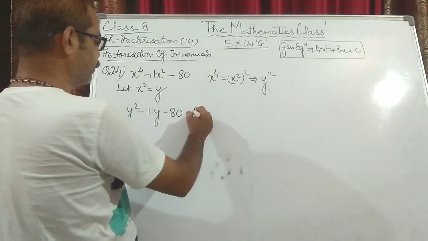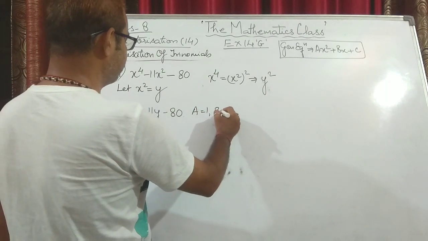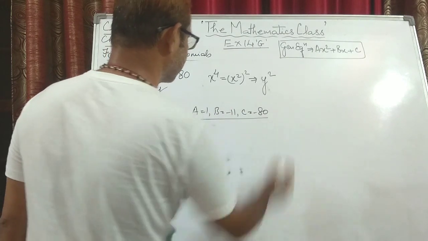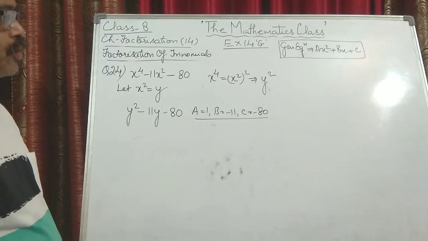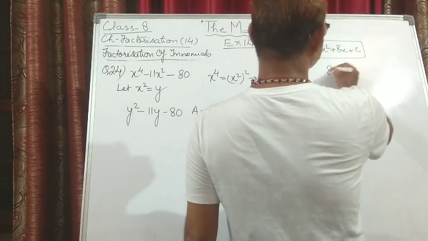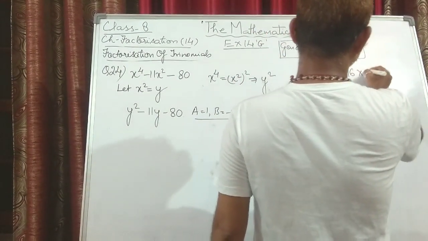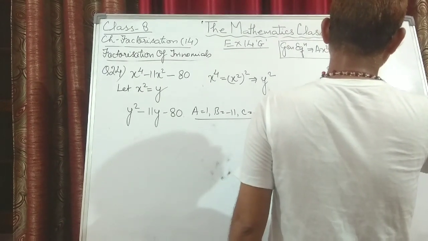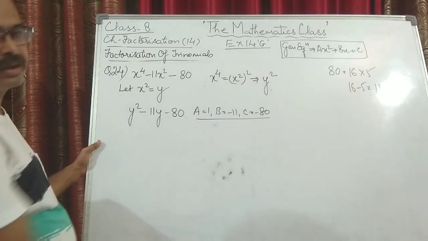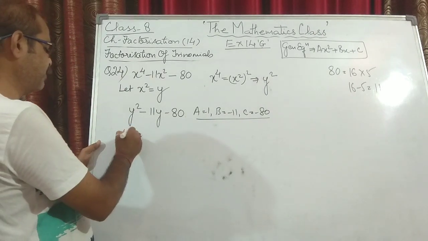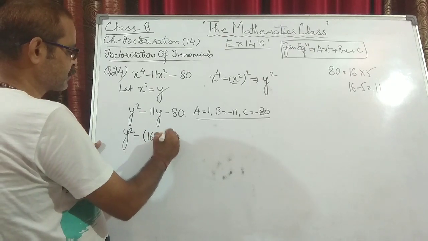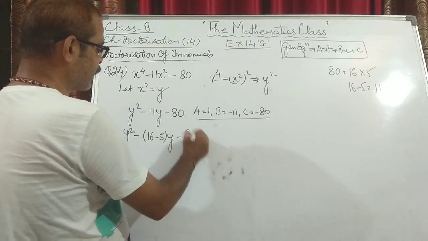Now here the value of a is 1, the value of b is minus 11, and the value of c is minus 80. We will factorize 80. We know that 16 fives is 80. 16 into 5 is 80, and 16 minus 5 is 11. It is very clear that 11 can be written as 16 minus 5. So simply we will write y square minus 11y can be written as 16 minus 5 into y minus 80.